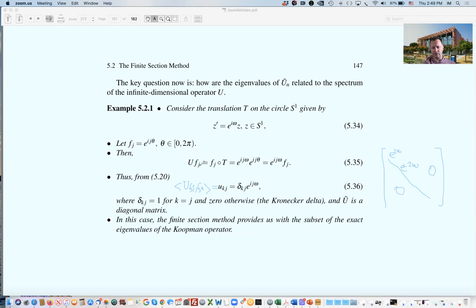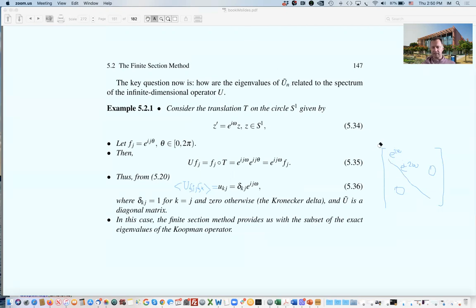We have chosen only positive j, j equal to 1, 2, 3, but the same would be true with negative j's, because this system of functions requires both positive and negative integers in order to provide the basis. But whatever we choose for the first n, we are going to get just a diagonal matrix, and that's going to be a perfect representation of the Koopman operator on that subspace.